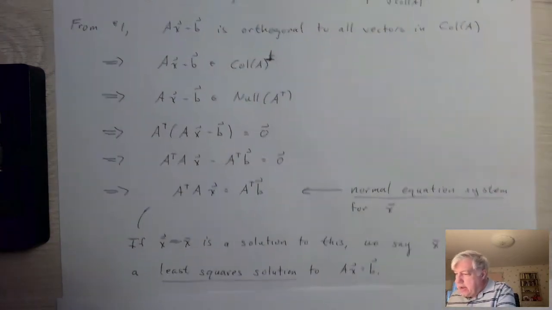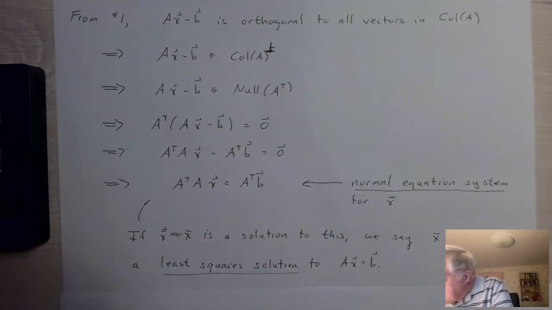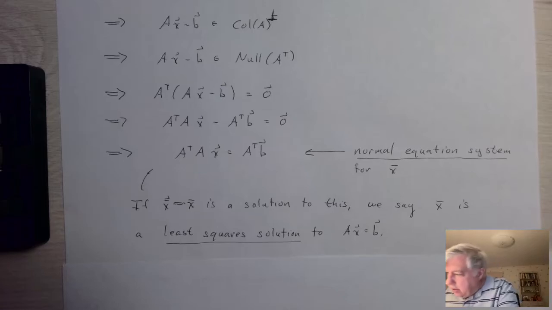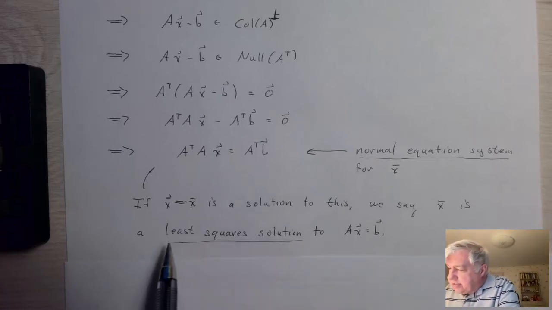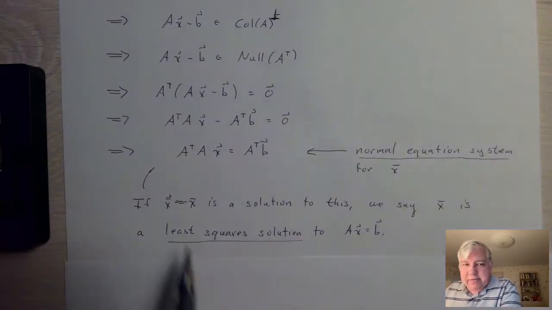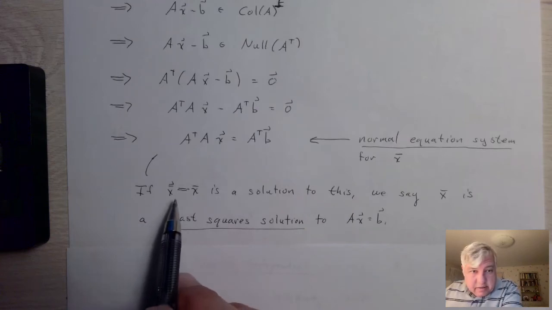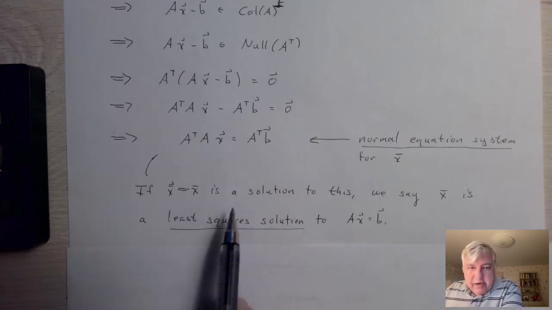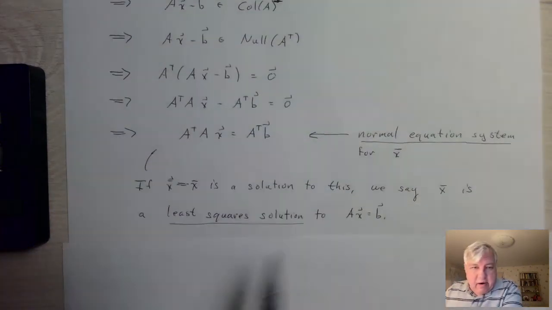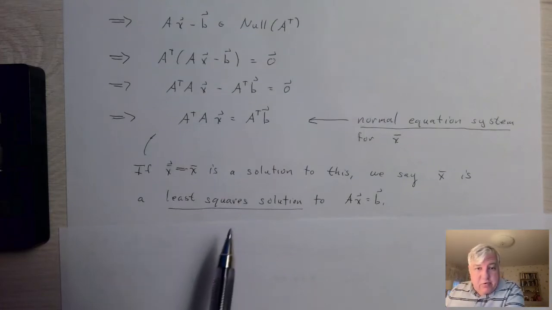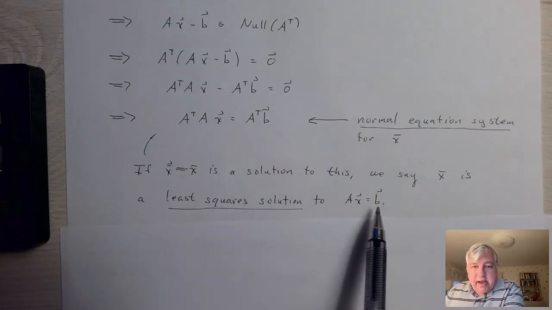But in either case, if X bar is a solution to this, we say that X bar is a least squares solution to AX equals B.